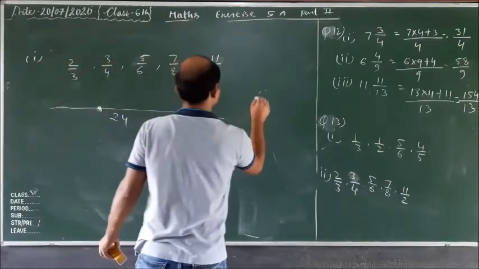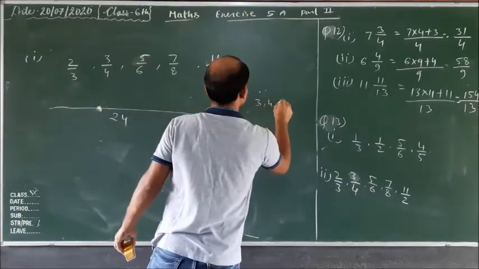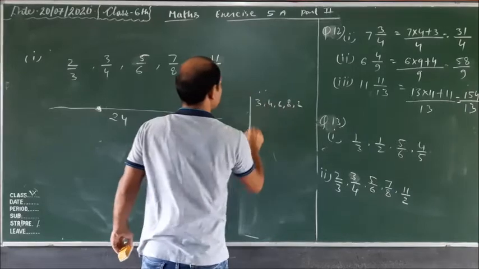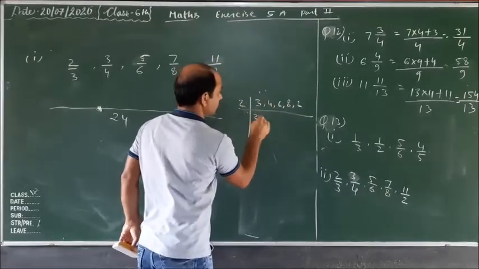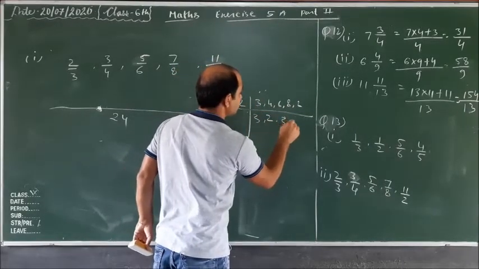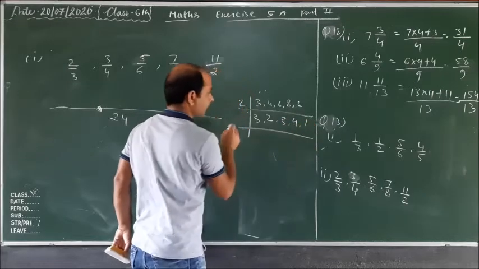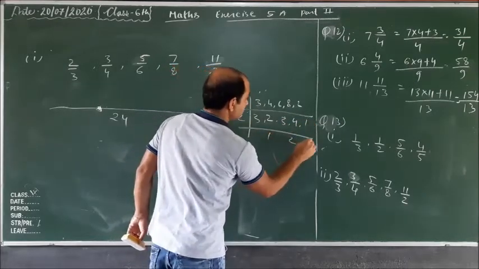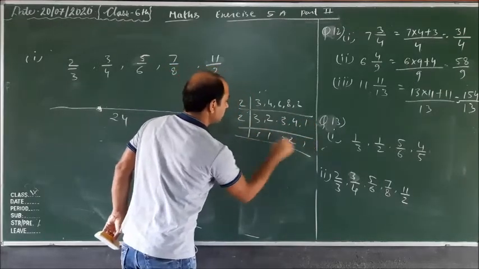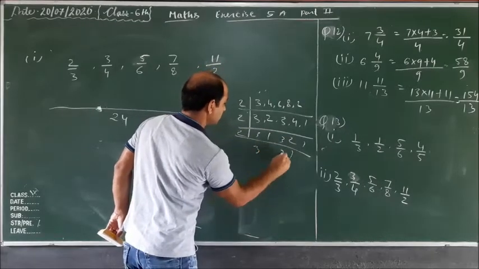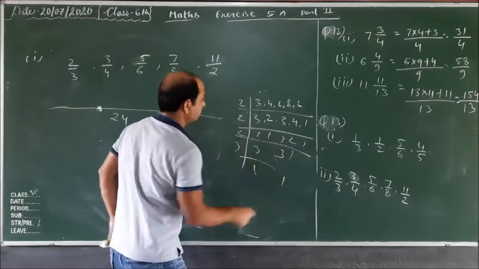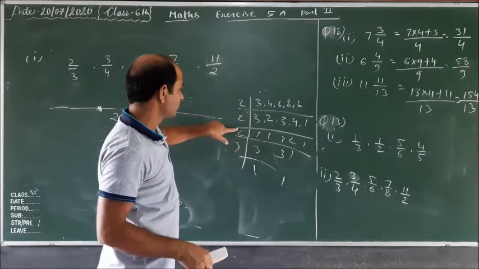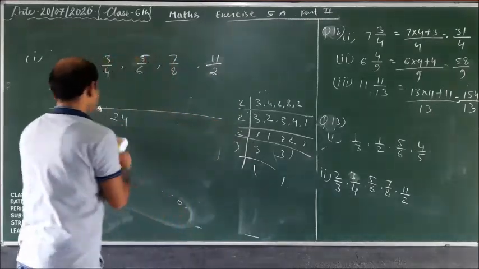You find here 3, 4, 6, 8 and 2. 3 2s are 6, 2 3s are 6. 2 2s are 4, 4 2s are 8, 8 3s are 24, which means right.